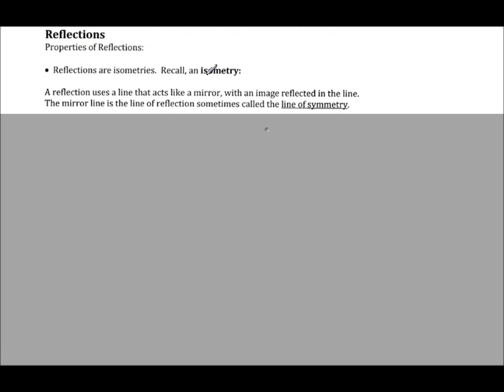A reflection is an isometry. Remember, an isometry is a congruence transformation, meaning whenever we move it, it results in the same shape and size. So whenever we move the pre-image, it's the same shape and size as the image. And a reflection uses a line that acts like a mirror. So let's say this is our line of symmetry. The line of symmetry is the line that you reflect an object over.